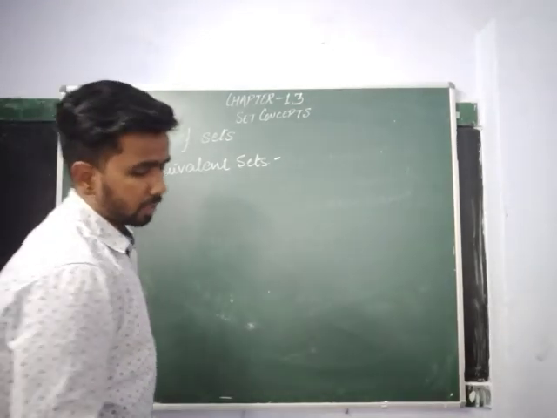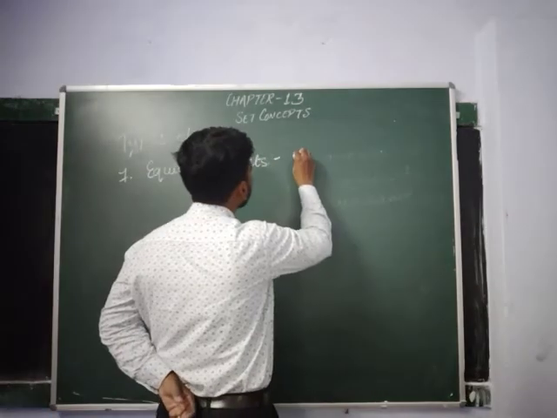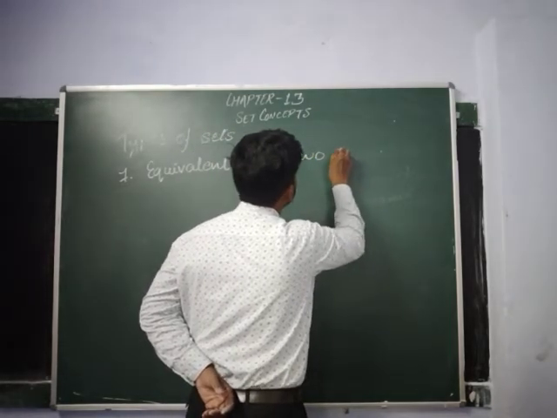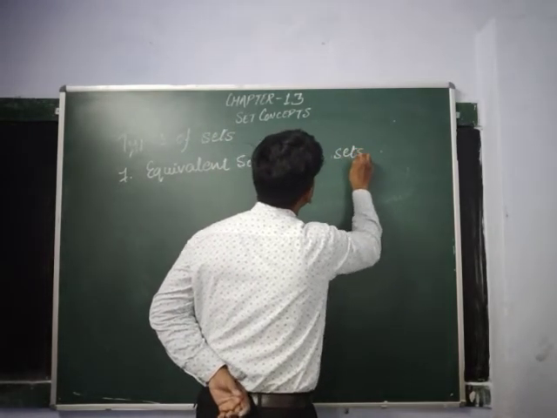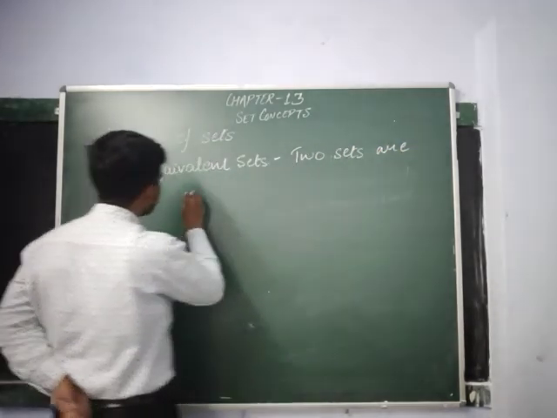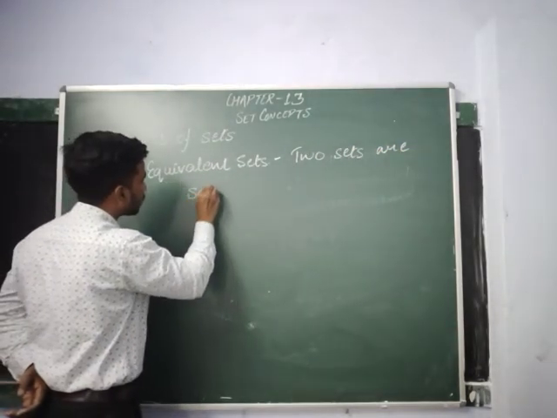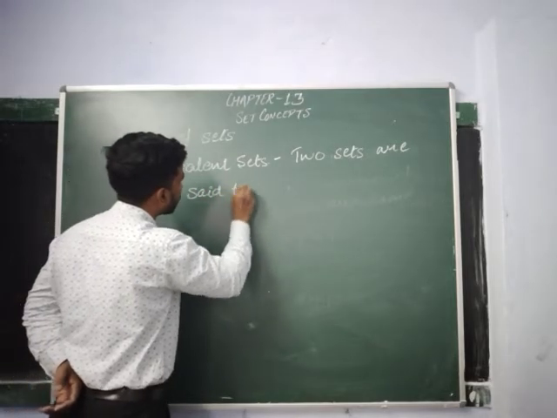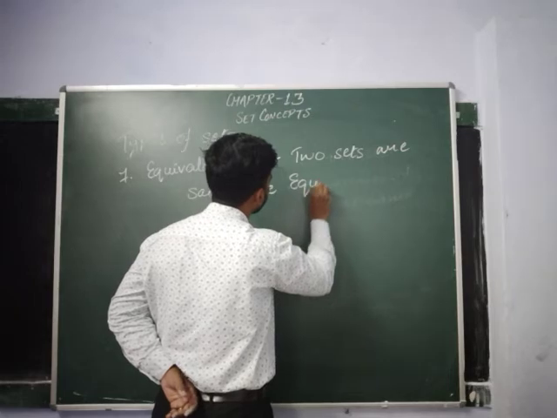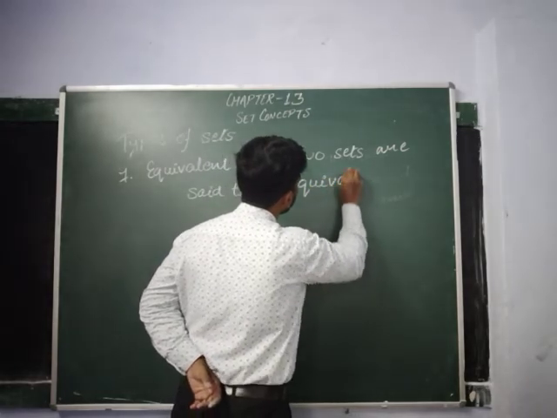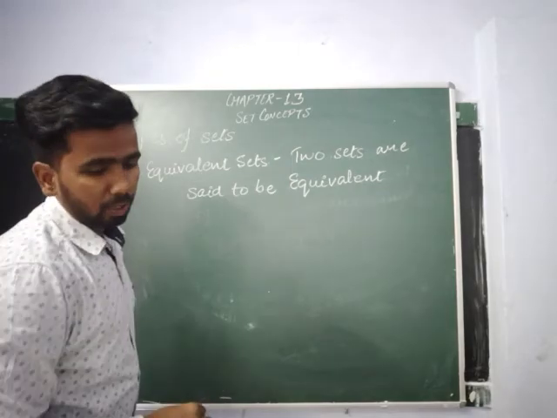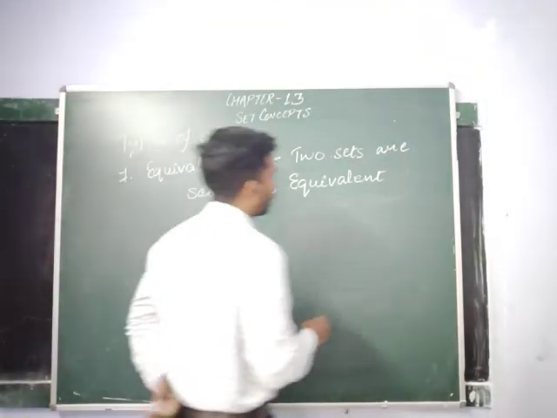So equivalent set is defined as: two sets are said to be equivalent if they have equal number of elements in it.